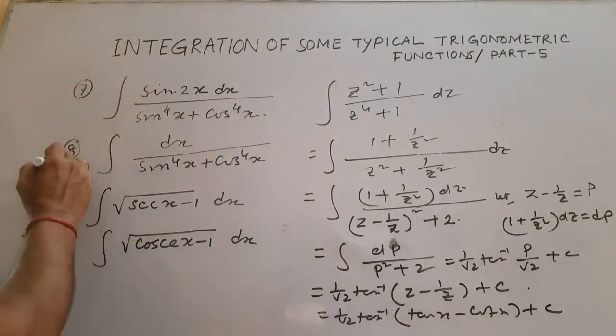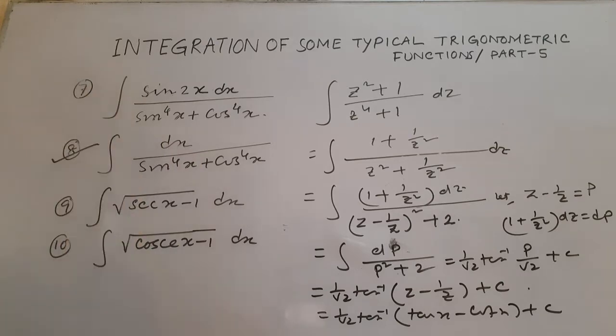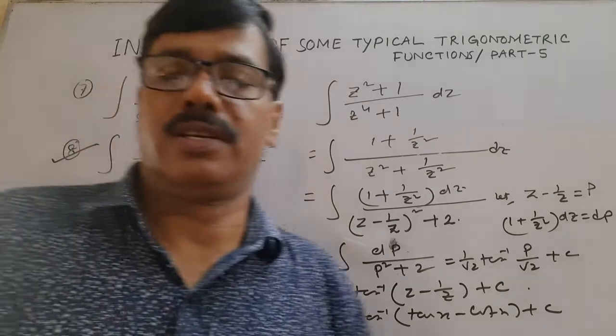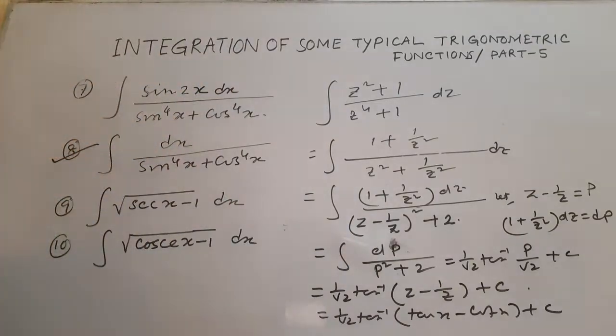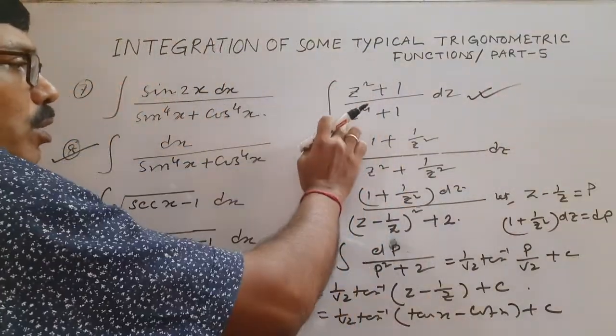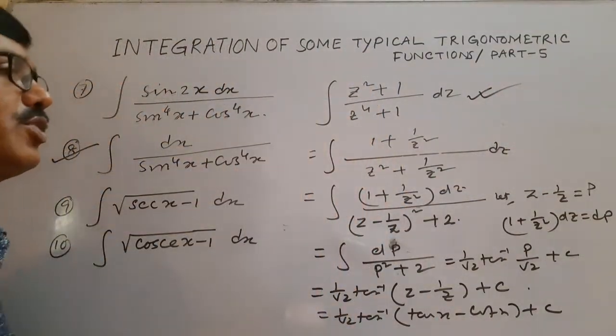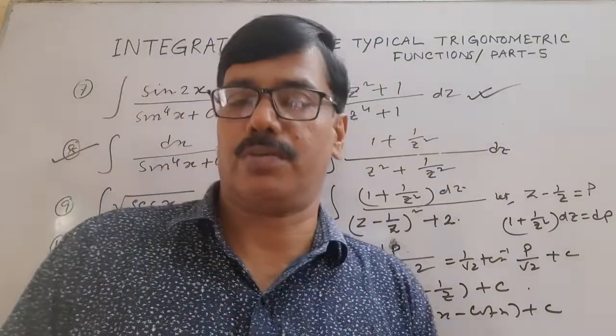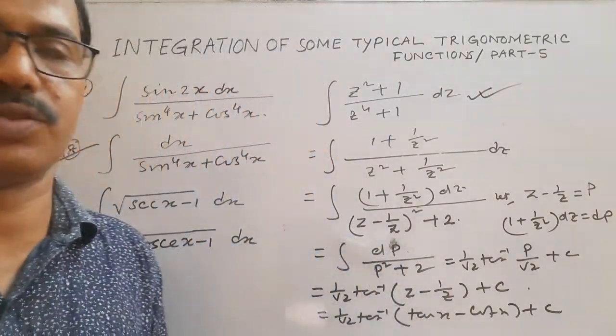So for this one, multiply numerator and denominator by sec square x. Then put tan x equals to z. Then it reduces to this integral. This is a well known form. Divide by z square, then put z minus 1 by z equals to p.